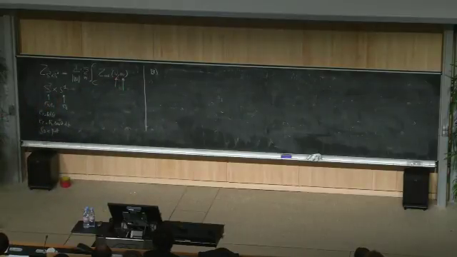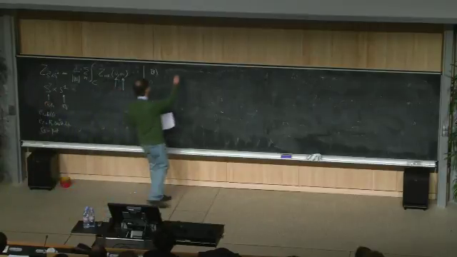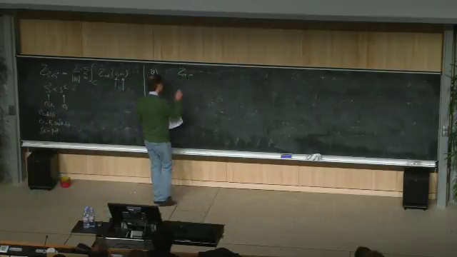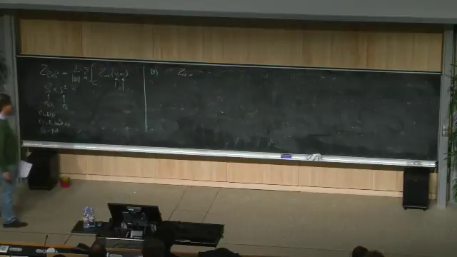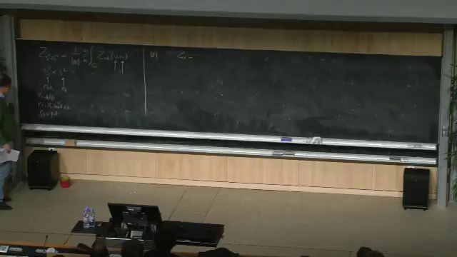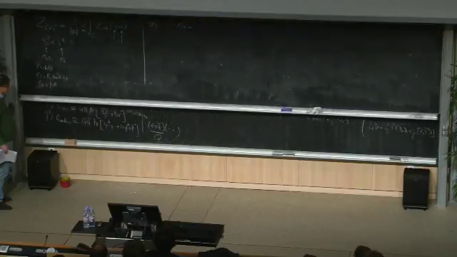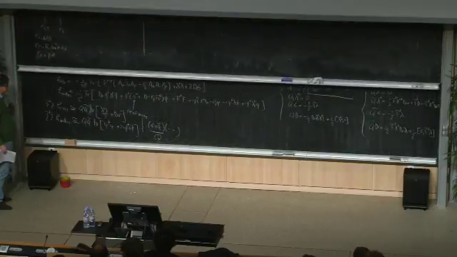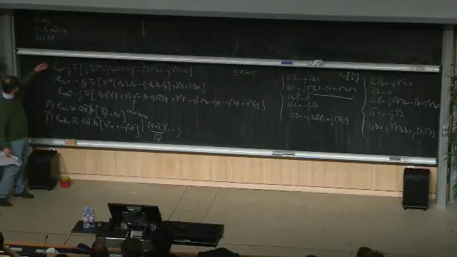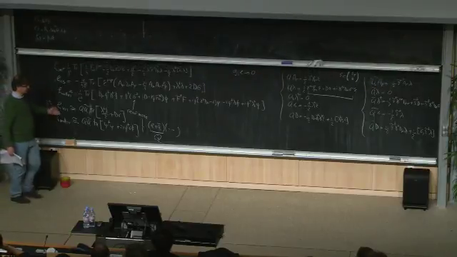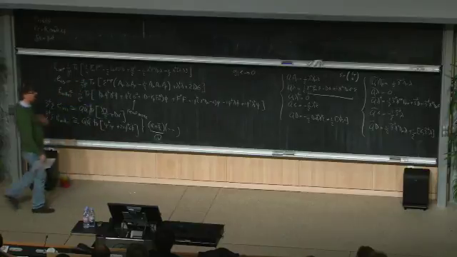Each different example of localization has a different set of rules. In this case, what you discover is the following: essentially the Yang-Mills Lagrangian and the matter Lagrangian, being exact, give you 0.